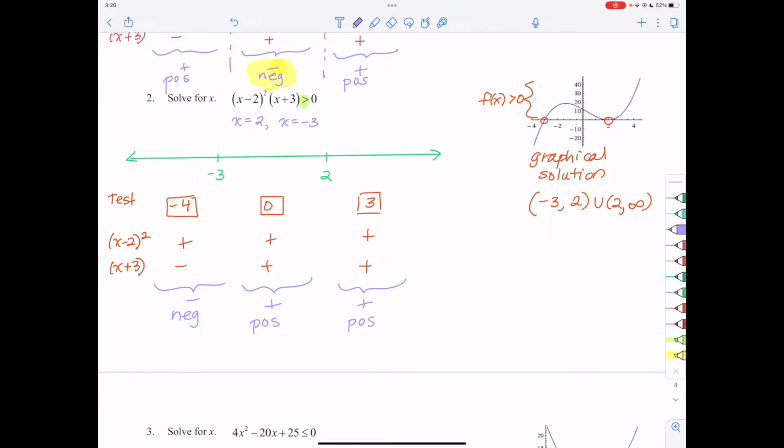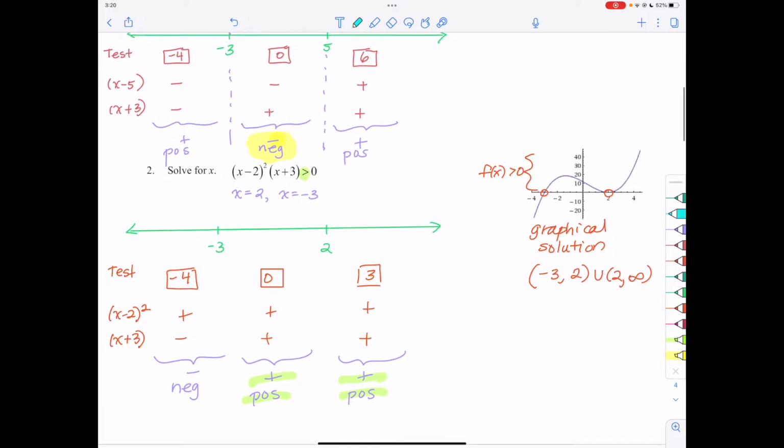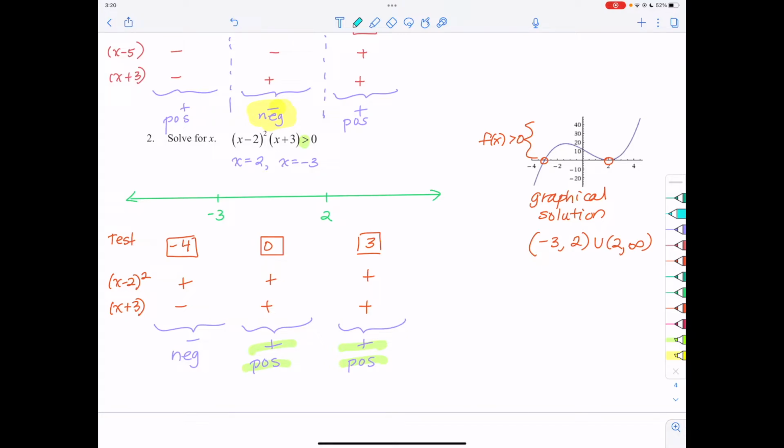Now, we are looking for positive, so that's what we want, but we only want greater than 0, so we do not want to include those boundaries. So now, as you can see, we will have -3 to 2 unioned with 2 to infinity.